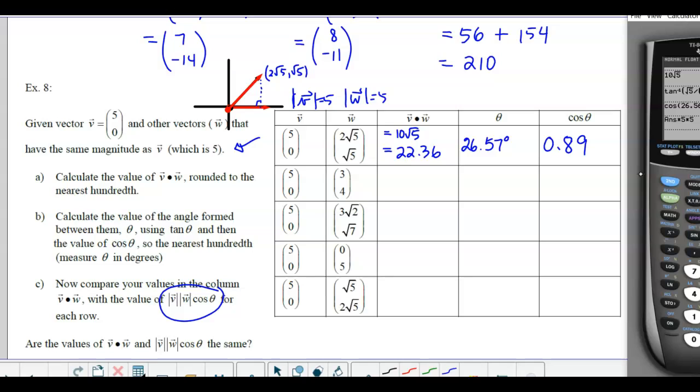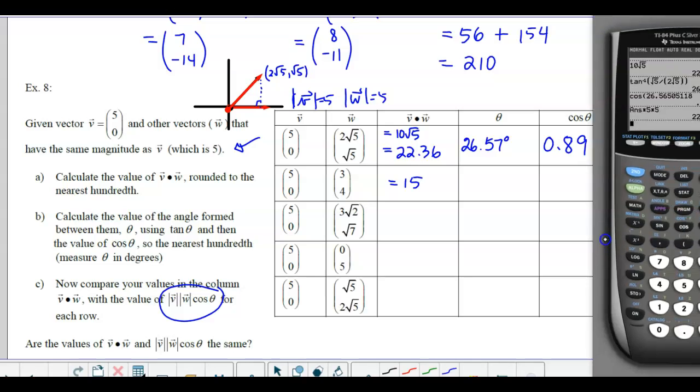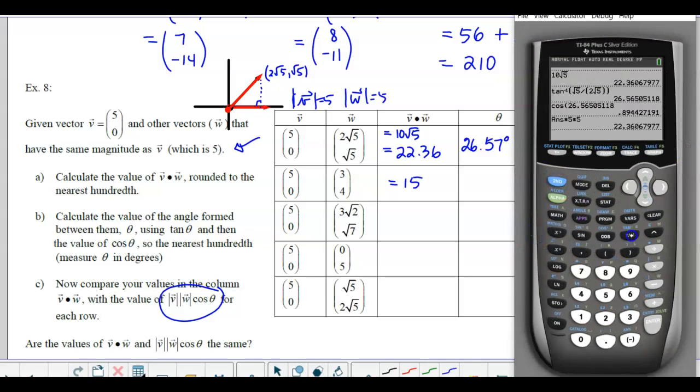So let's try the next one. Dot product is 15. Don't even need your calculator. Okay, so then theta is going to be inverse tan of the y value, which is 4, over the x value, 3. So that angle is 53.13 degrees.